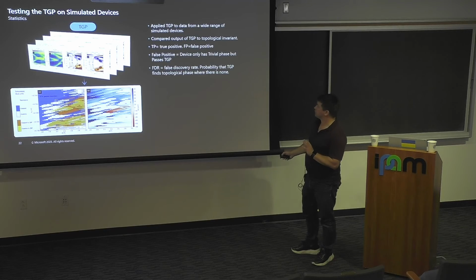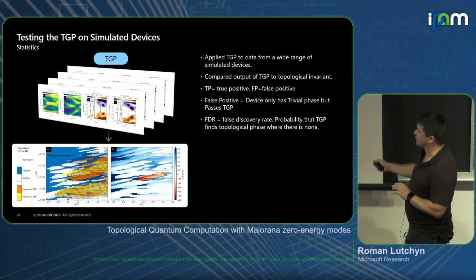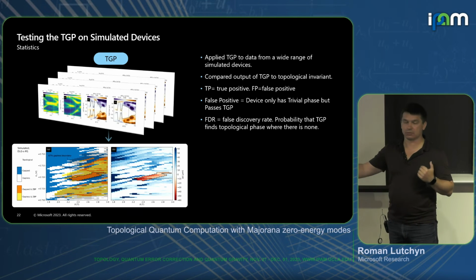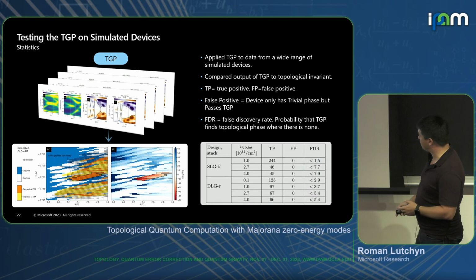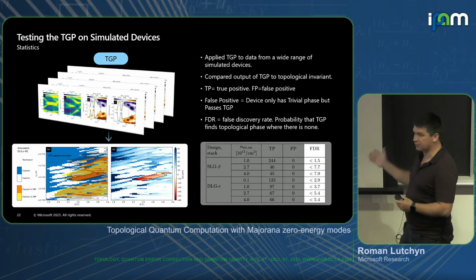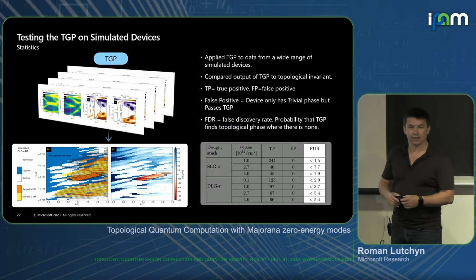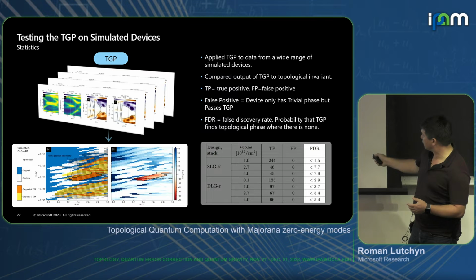So what else do we do in simulations? We actually estimate the false discovery rate. We run massive simulations, lots of disorder realizations, and then we collect the tables. We try different types of designs. We try to vary disorder strengths, charge impurities, let's say, from below 10 to the 12 to above 10 to the 12. And then we calculate the FDR. So the FDR here is below 10%.